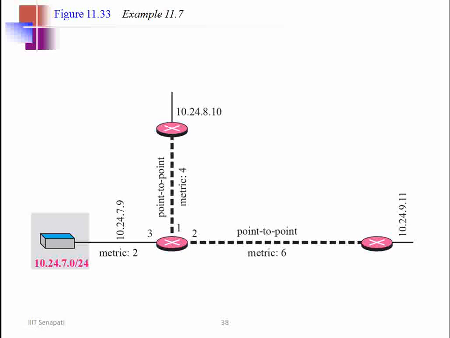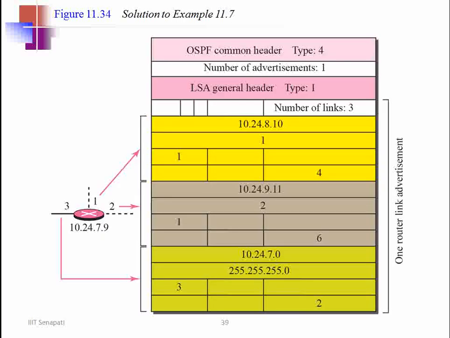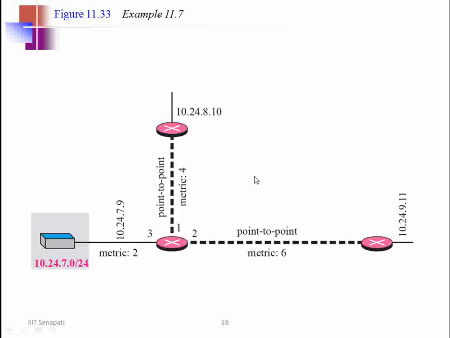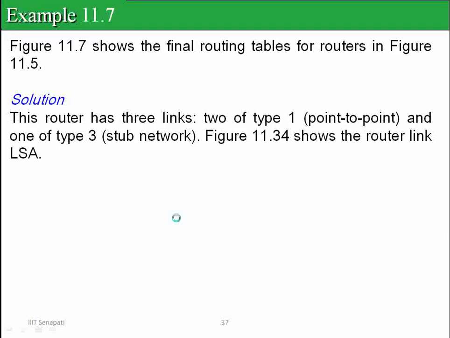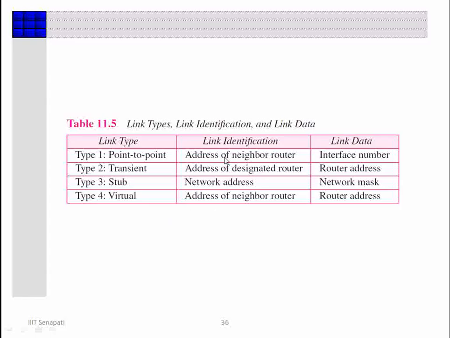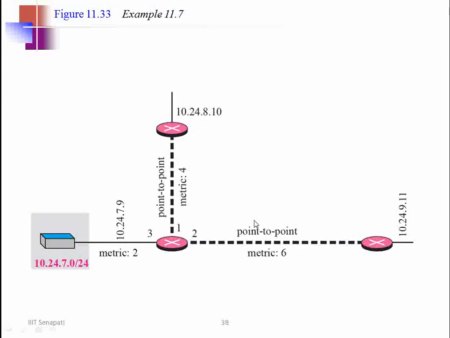So now if you want to see the router link LSA, it will be like this. The common header was there, and the number of advertisements is 1 only. The LSA general header was there. Okay, number of links, you mentioned 3 links. Here the IP address 10.24.8.10, where was it? It was this one. Why? As we have seen, it will have the interface number and the address of the neighbor router only, in the point to point case.